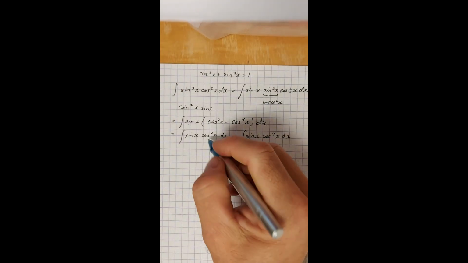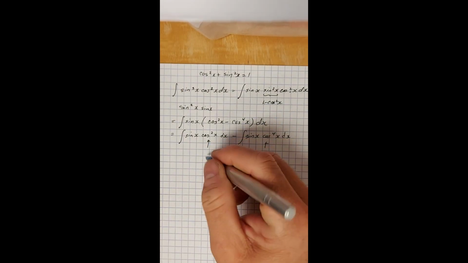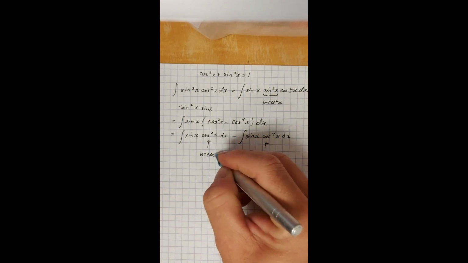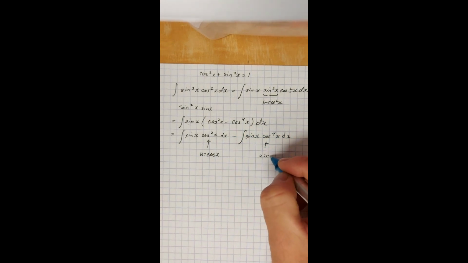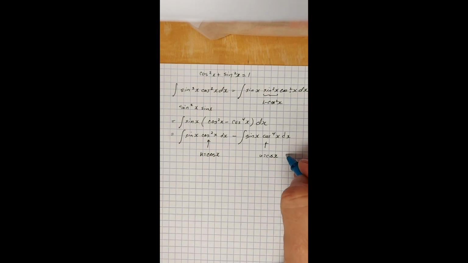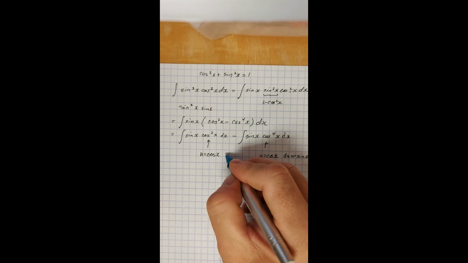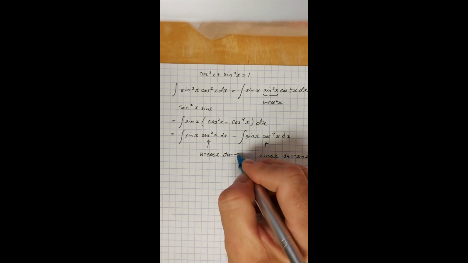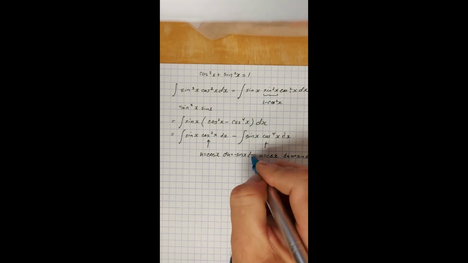Okay, so now here and here, if you let u equal cosine x, then your du is going to equal sine x dx. The derivative of cosine is a negative sine, so you're going to have to be careful about the signs there, but you have du is negative sine x dx.